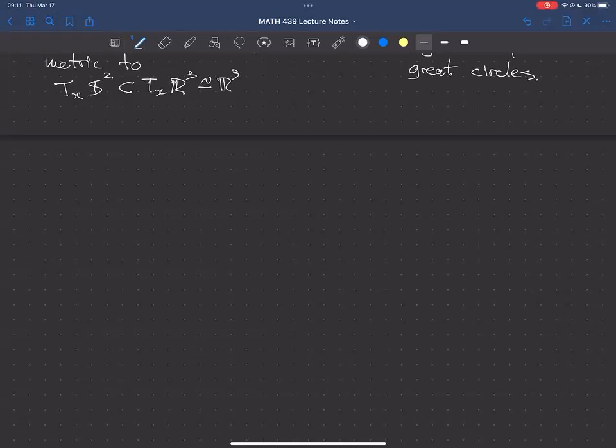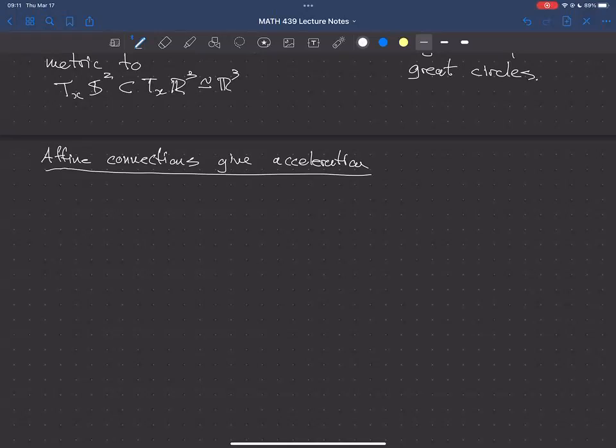Here's another way of thinking about what an affine connection gives you: affine connections give you a device for talking about acceleration as a vector field along a curve.